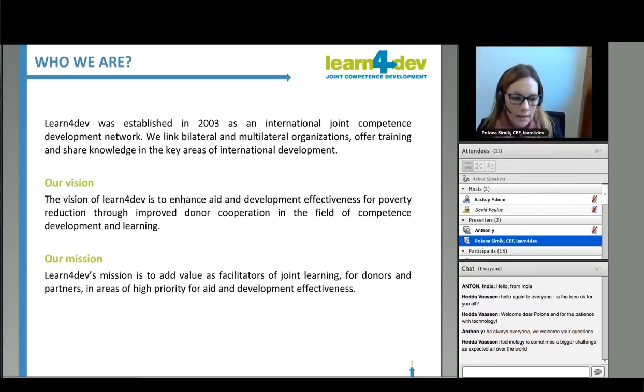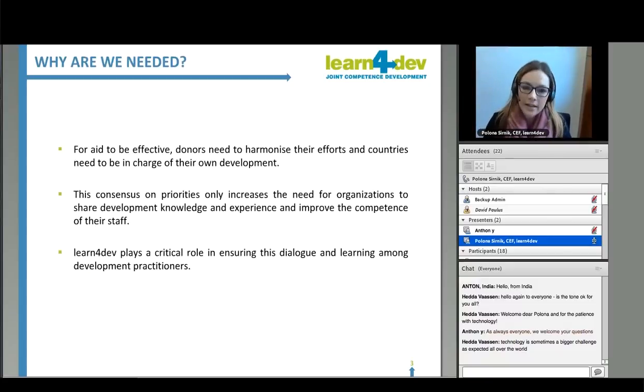So for the aid to be effective, donors need to harmonize their efforts and countries need to be in charge of their own development. And consensus on these priorities only increases the need for organizations to share development knowledge and experience and improve the competence of their staff. And the Learn for Dev network plays a critical role in ensuring this dialogue and learning among development practitioners.